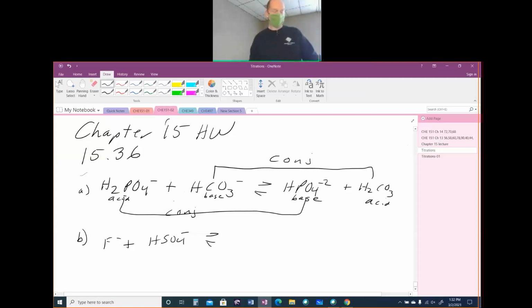Here, you only have this one with the H. It is the only one that has the potential to be the acid. All right, and so it's going to donate its hydrogen to the F, and you're going to get HF, and then you're going to get your SO4 2 minus. So your F minus is the base, with HF its conjugate acid.